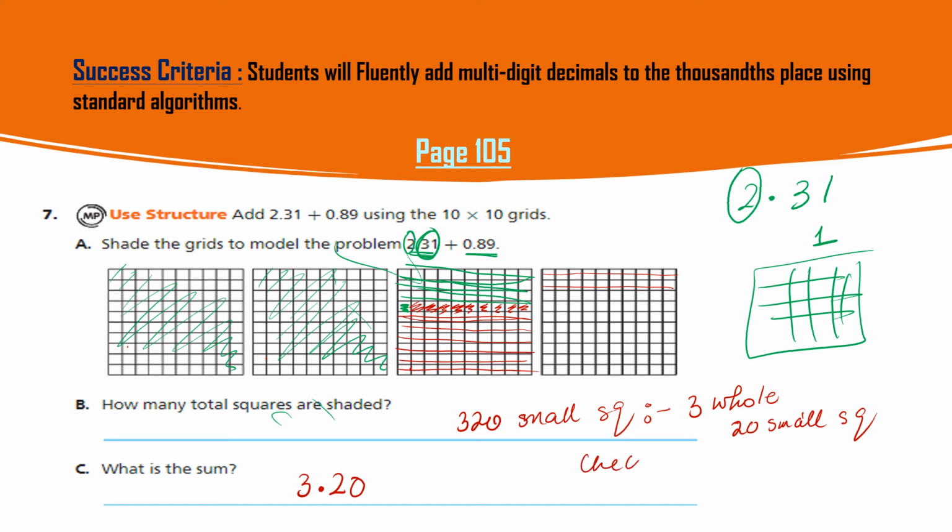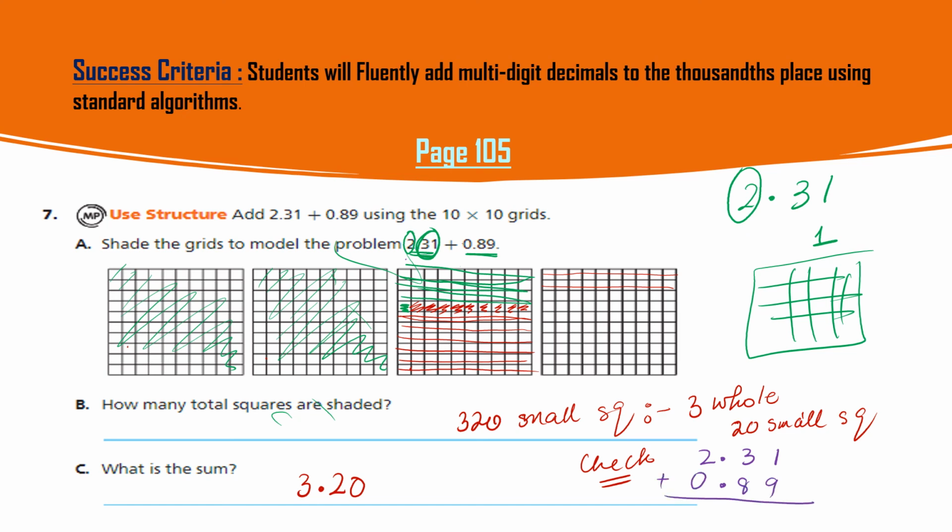Now you want to check? Let's check it by our own method. So first write 2.31. So you will write 2.31. 0.89, under the point write the point. Here 8, here 9, here 0.